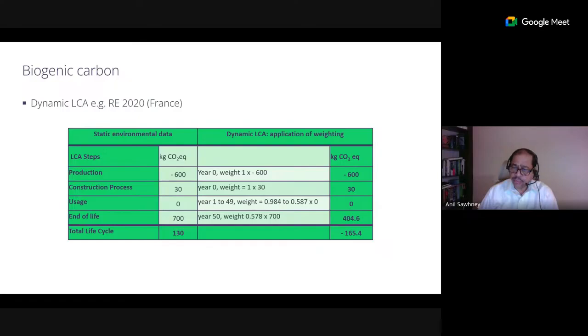At the end of life, you basically send this system out, and you're emitting 700 kilograms of carbon dioxide equivalent, which basically means the total life cycle for your building is 130.